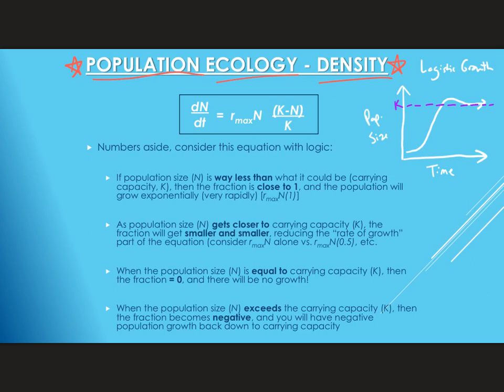Okay, so let's start with this first bullet point here. We're going to call this number 1. And number 1 takes place in this exponential part of our graph. Right, so if population size n is way less than carrying capacity, then that really has an effect on this fractional part of our formula.